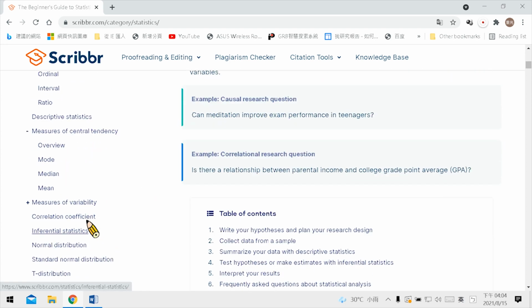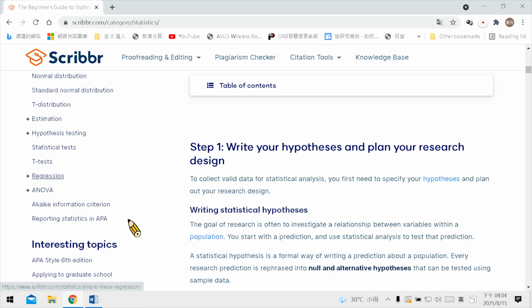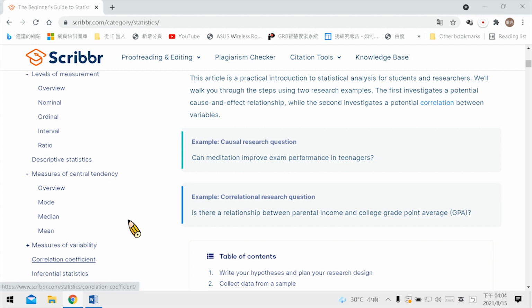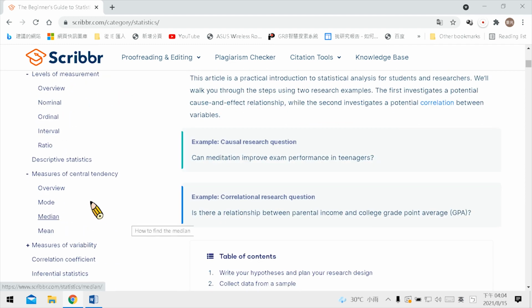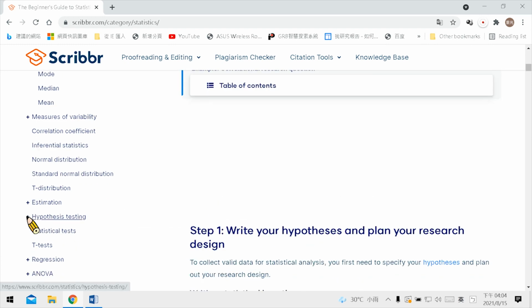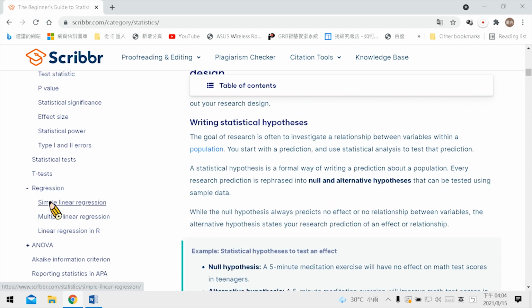Okay, so like we talked about multiple regression, you can see in here descriptive and regression. For regression, you can see in here simple linear regression.